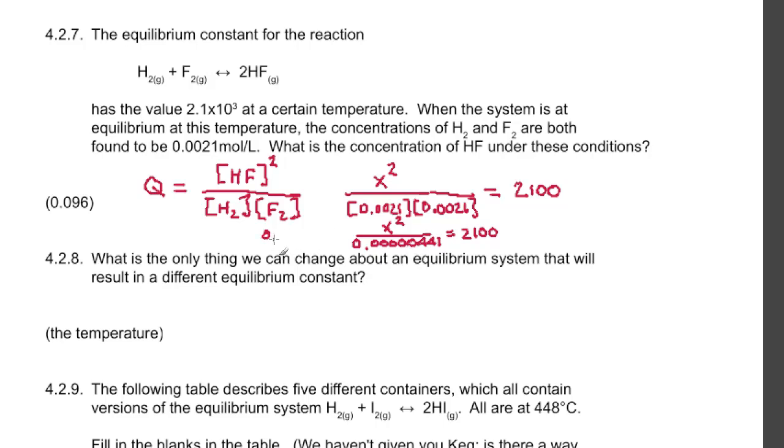So if we, on both sides, multiply by the long number with all the zeros, on the left side these cancel out, and we're left with just x squared. On the right side, we have a thing our calculators can do, 2,100 times the long number with all the zeros equals 0.009261.